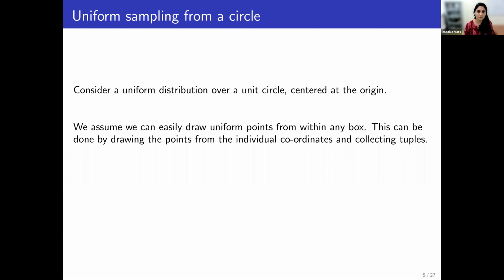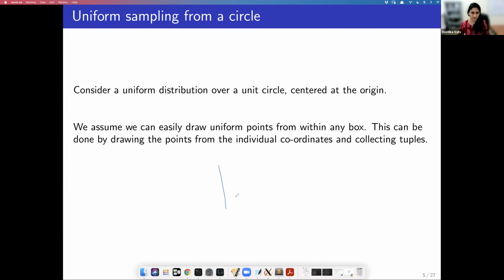Okay, there it is. If I have any given box, something like this, I can draw points uniformly from this box without much fuss, because I can draw points uniformly on the x-axis from some A to B and from some C to D. I can draw a point uniformly from here, and I could draw a point uniformly on the y-axis and join them together, making a tuple point that's uniformly on the box.